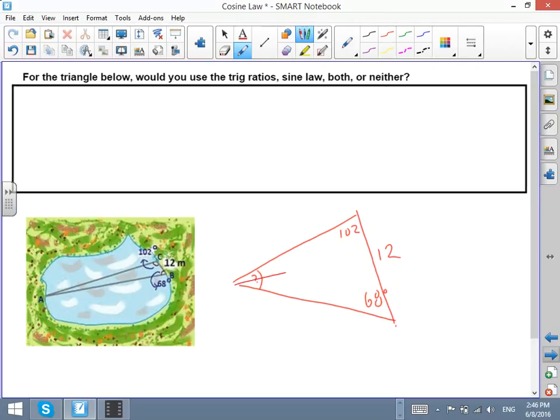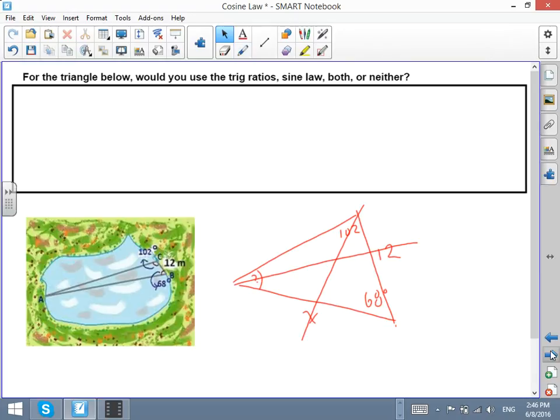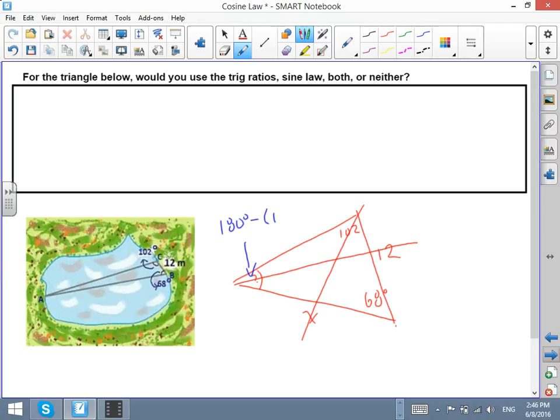The unknown and the side length could very well be paired off with 102 as an angle size and, say, X, because you can find this particular angle. It's just the difference between 180 and the sum of the two angles you already have. So this one is definitely a sine law question.